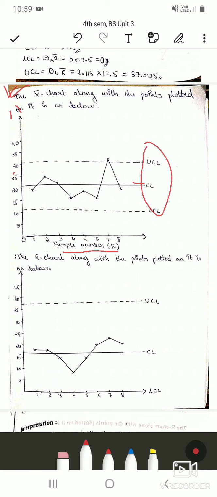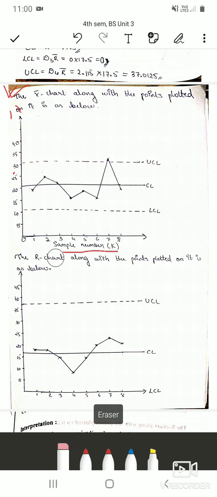For the central limit, mark a bold straight line. For the other 2 limits, mark dotted lines, and then draw all the x bar points for each sample. Join the lines and see if all the points lie within the control limits, then we say the process is under control. Here, since one point is outside the control limit, we say the process is not under control.